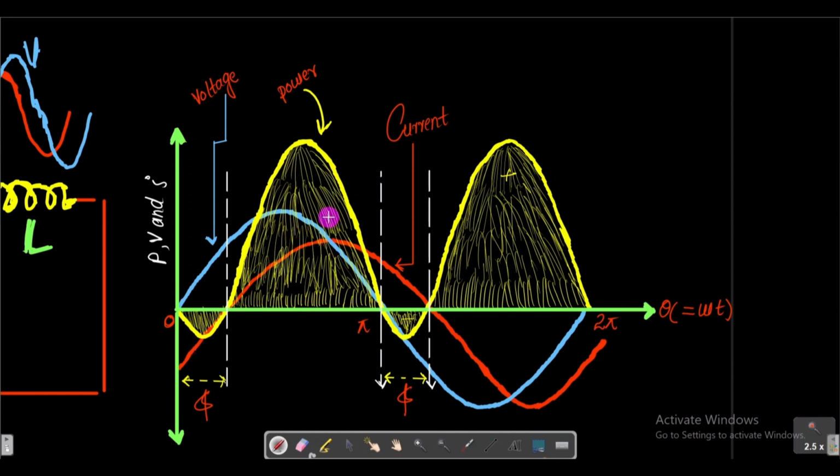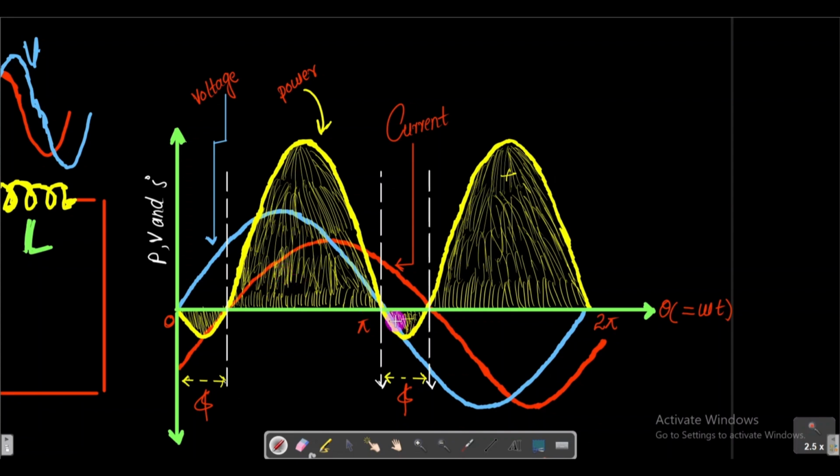So from here we know that in this quadrant the power is negative, and in this section the power is positive. When the power is negative, it means that the power is delivered by the circuit to the source. And when the power is positive, it means that the power is delivered by the source to the circuit.